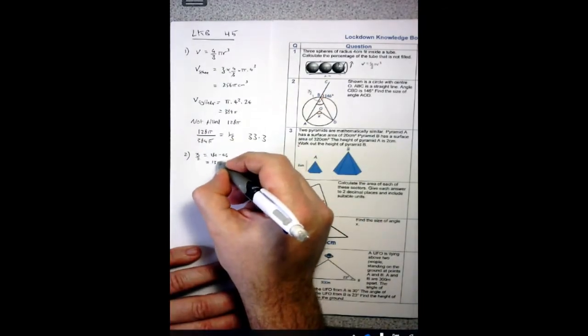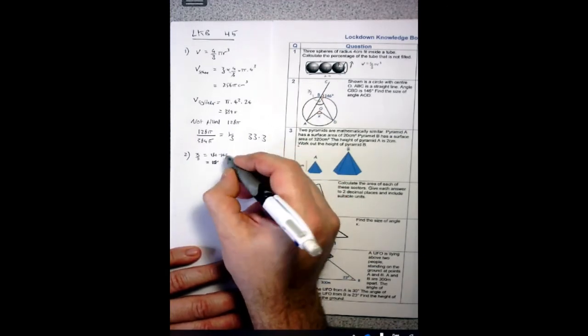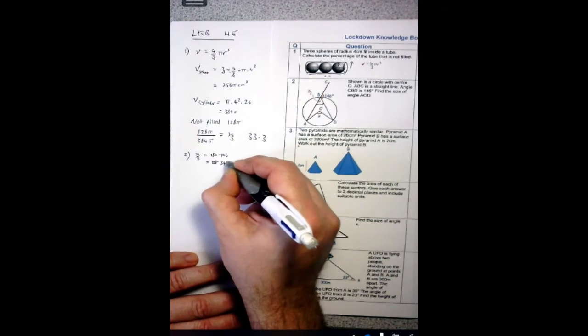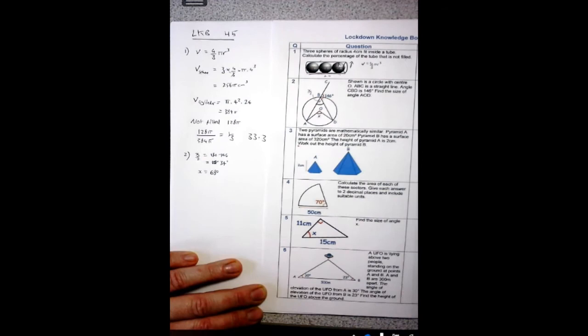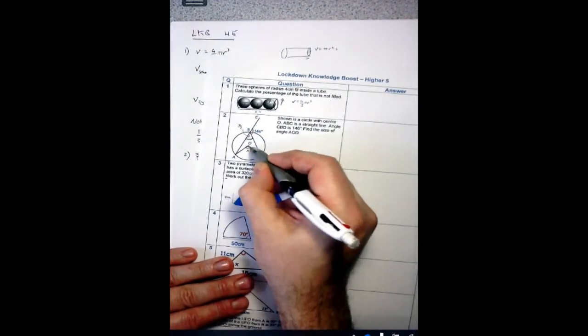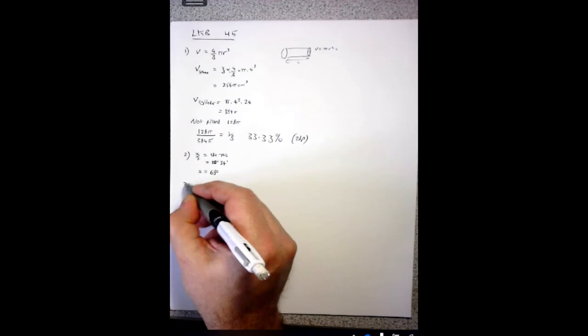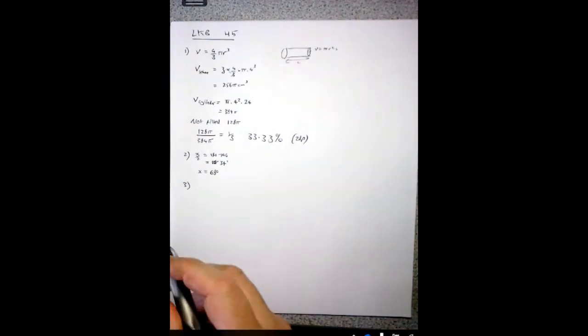Number 3. I've got similar shapes again, and I'm given the area scale factor. So the area scale factor is big over little. So that's going to be 16. It wants the height. The height is a length, so I need the linear scale factor.